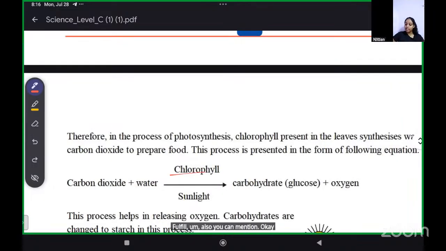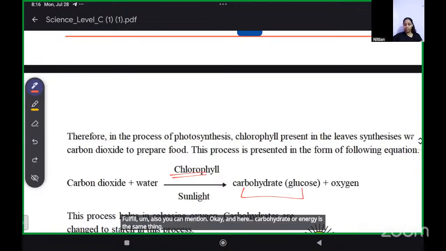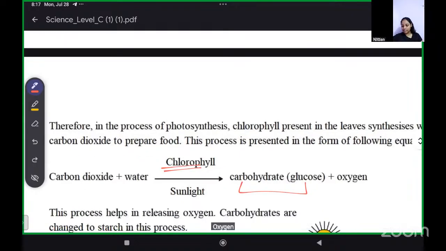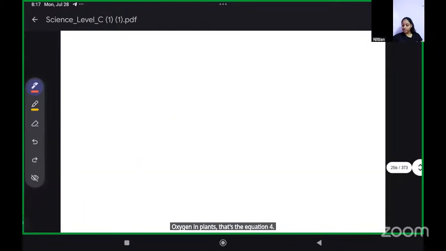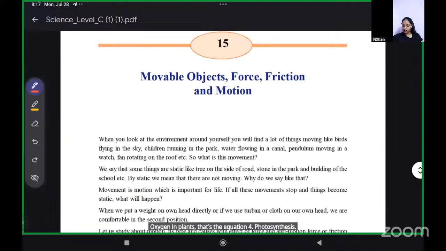And here, carbohydrate or energy is the same thing. Carbohydrate or energy is the same thing that you can mention. Carbon dioxide plus water in the presence of chlorophyll and sunlight gives energy plus oxygen, or carbohydrate plus oxygen in plants. That's the equation for photosynthesis. Okay.